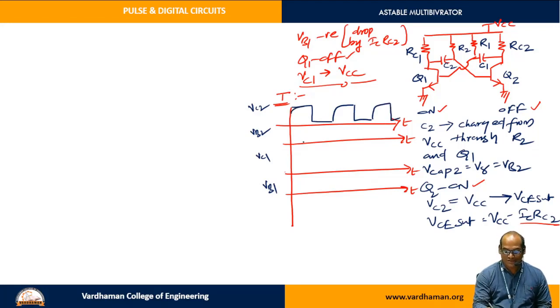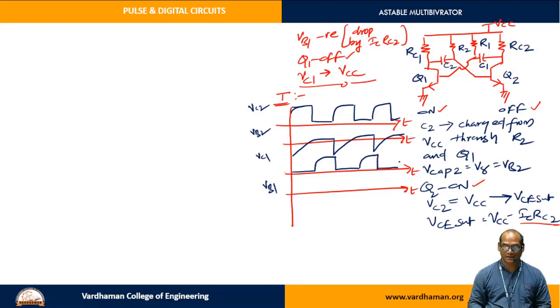Next, VB2 is first negative, then it is becoming on, off, on, off, on. For the collector of the Q1 transistor, we have to take it the opposite way, like this. And VB1: on state, off state, on state, off state, on state, off state.